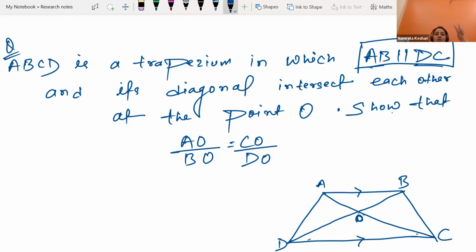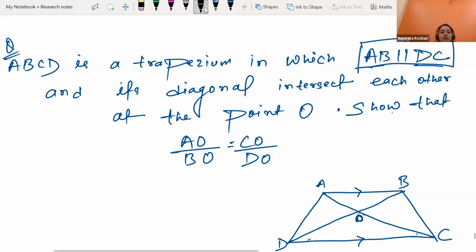And we know only two theorems over here: basic proportionality and converse of basic proportionality. By using either of these theorems, is it possible to show AO by BO is equal to CO by DO? For proving this, we need to do a construction first.